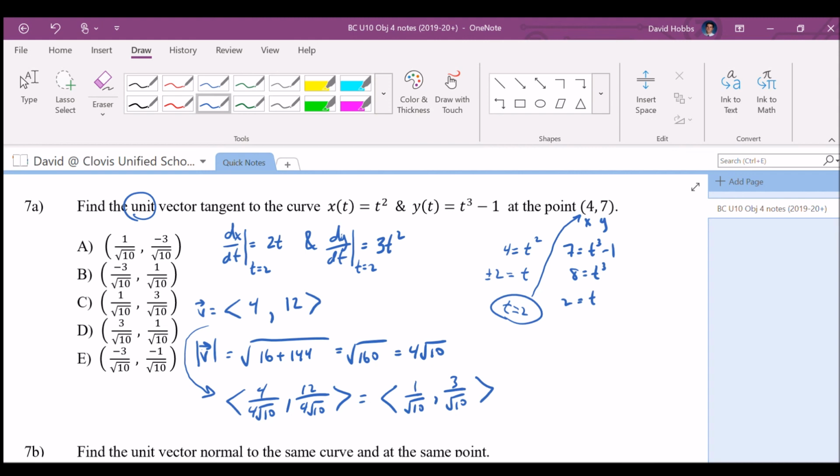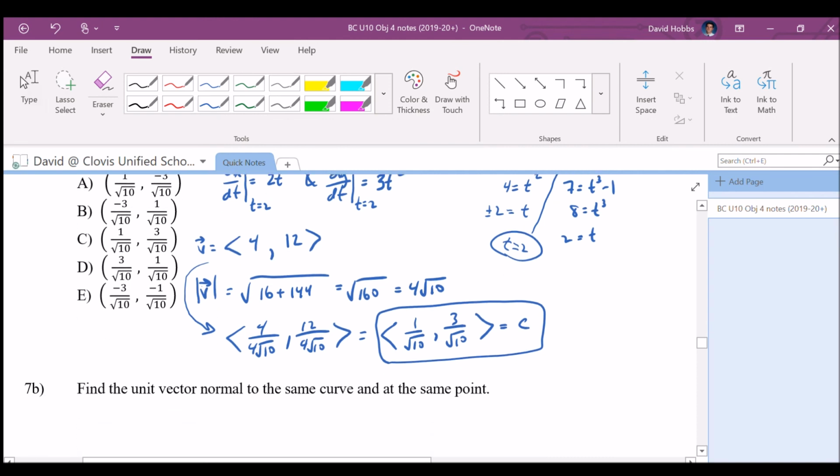Which I see as choice C. Technically, it could be plus or minus, as long as the pluses match up and the minuses match up.